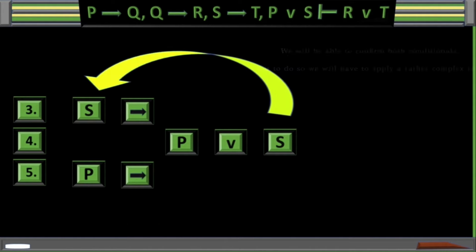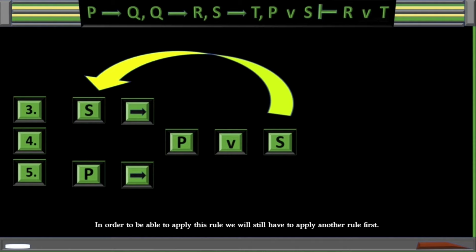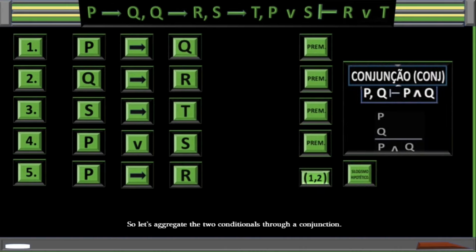In order to be able to apply this rule, we will still have to apply another rule first. So let's aggregate the two conditionals through a conjunction.